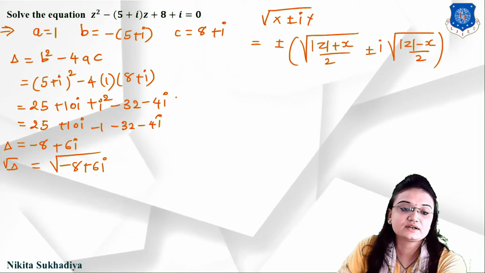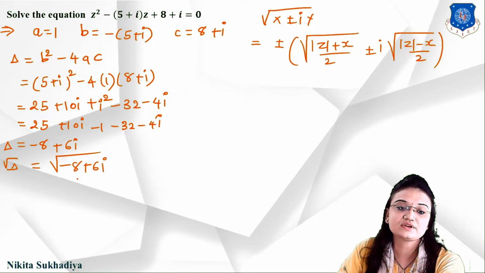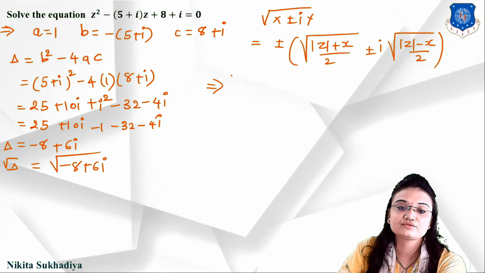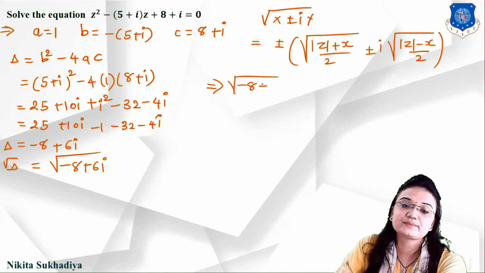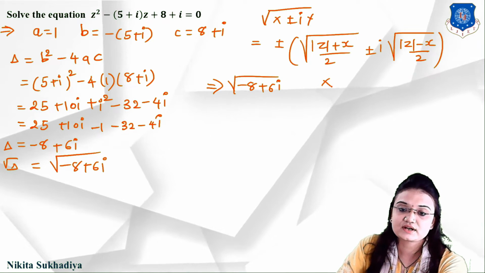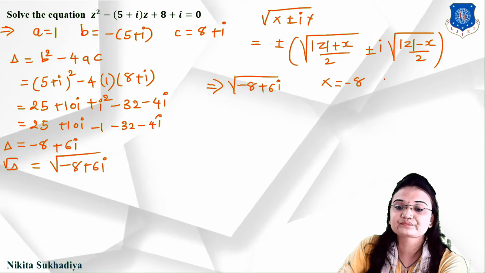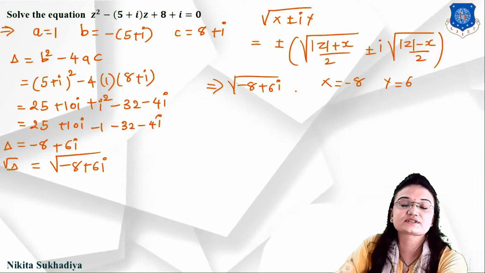Here in this situation we have the complex number minus 8 plus 6i, so x is equal to minus 8 and y is equal to 6.